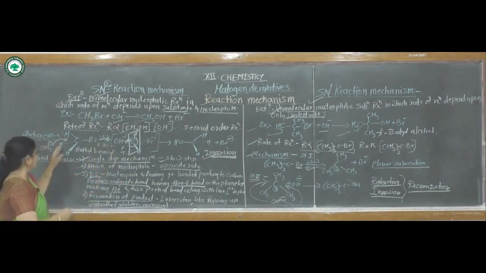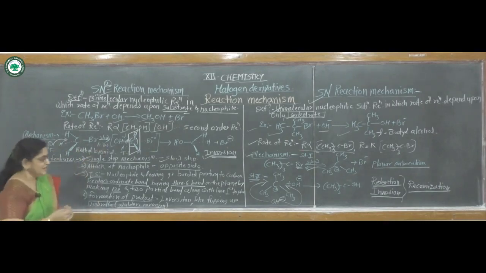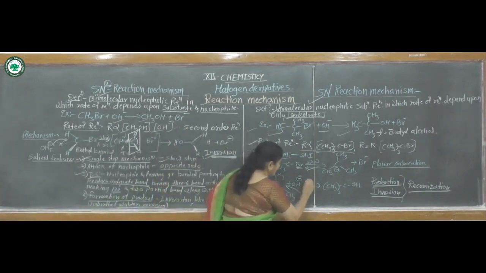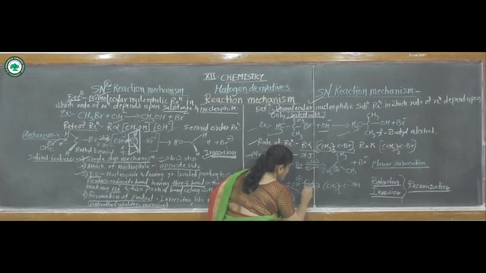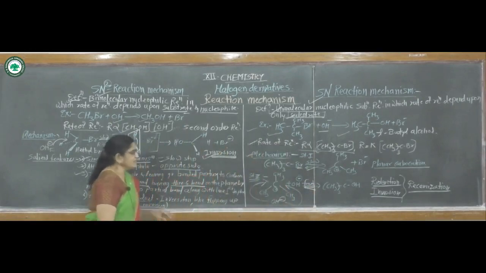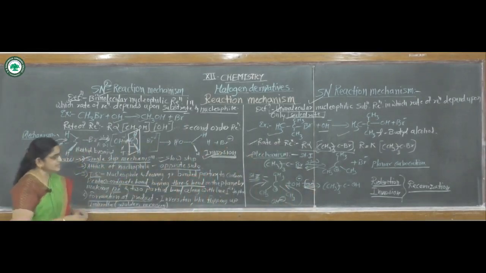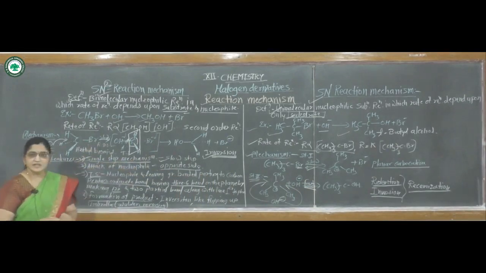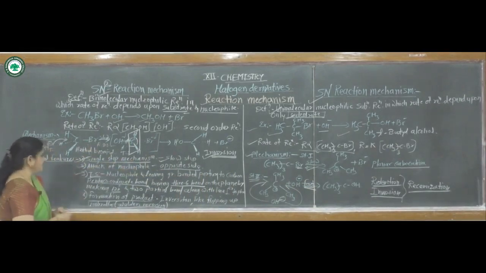In the single step reaction, it is a slow step, and in SN1 reaction, in two steps, the first is a slow step and the second is fast. In this way, in mechanism the difference is that one is a single step reaction and the other is a two-step reaction.